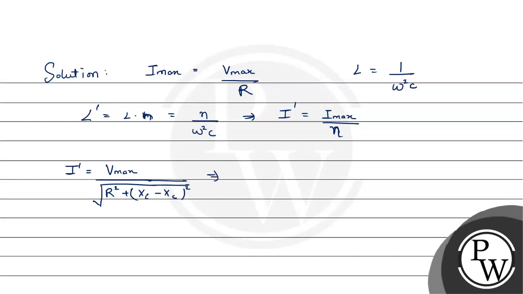From here we can put the value of I dash and L dash. So we get I dash is equal to I max upon eta.